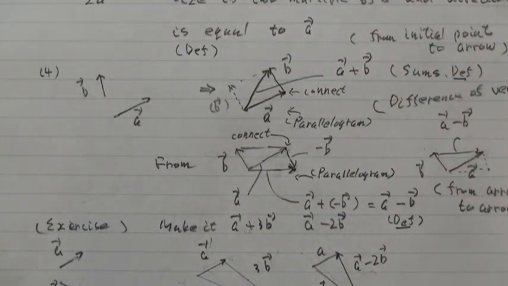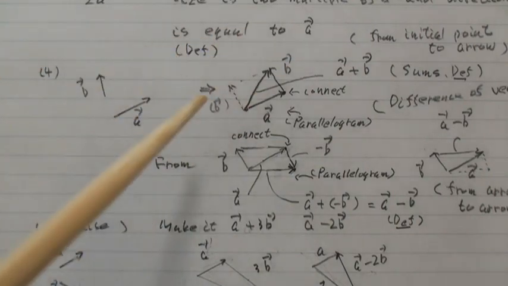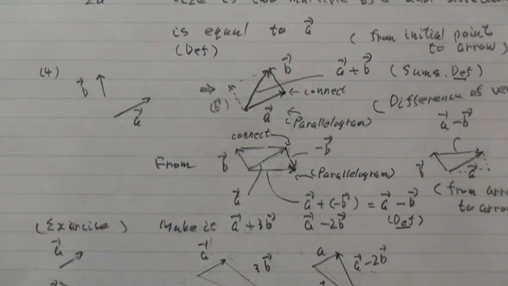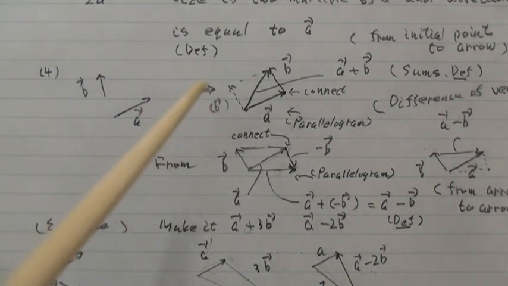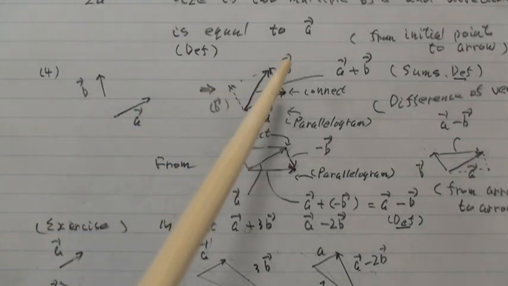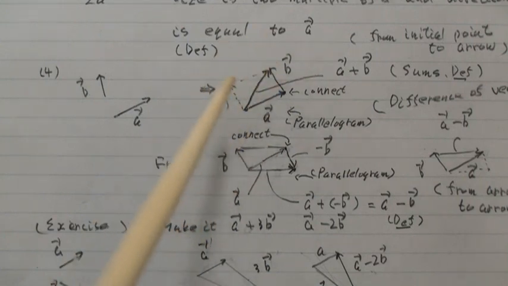And next, parenthesis 4. A vector and B vector. A vector plus B vector is the sum vector. This is A vector and B vector.